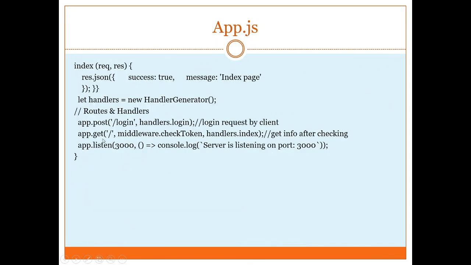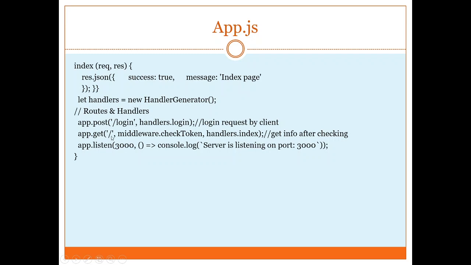And the second thing is slash. If the user comes to a default admin route, we will check the token first. If the token is there, we will call handler.index, and we will show an index page or whatever we want to show.